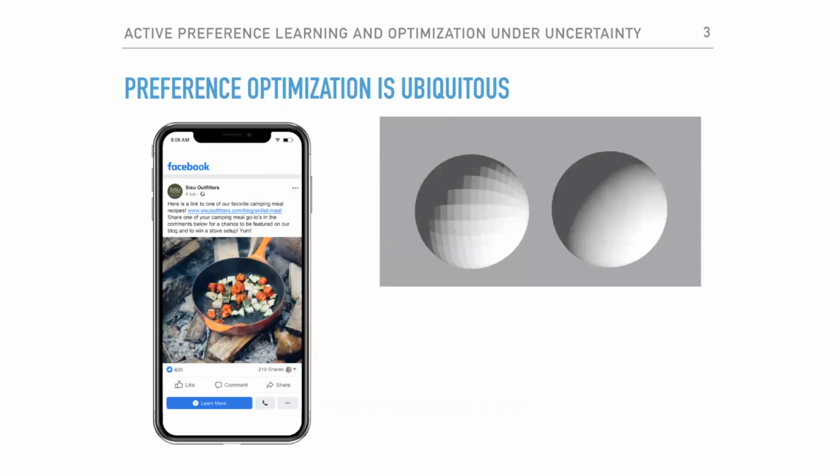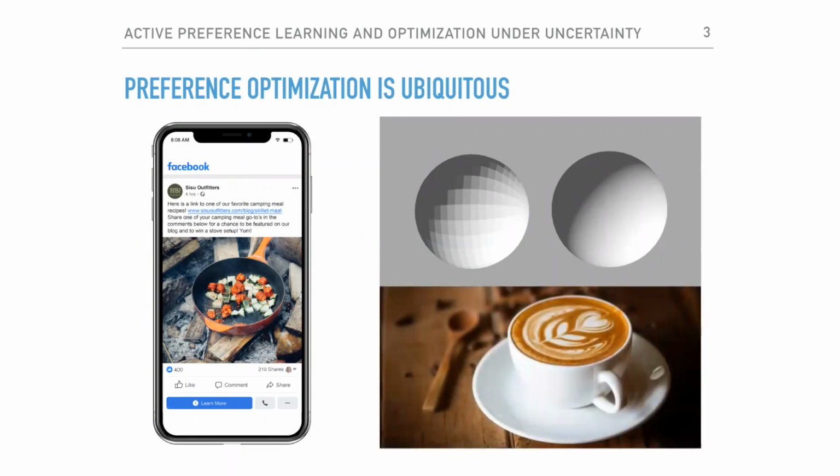And it doesn't have to be a product recommendation company trying to optimize your preference either. It could just be you trying to optimize some process, some procedure on your own. A fairly common example here is optimizing some recipe for a dish or for a drink, and finding the best amount of sugar to put in coffee will be the example that we will be coming back to during this talk.